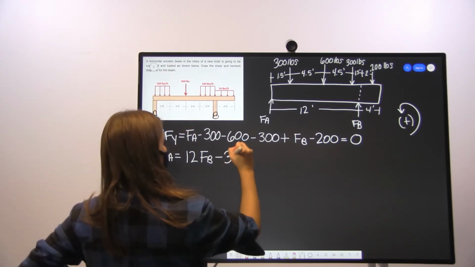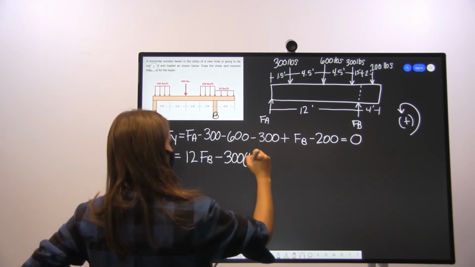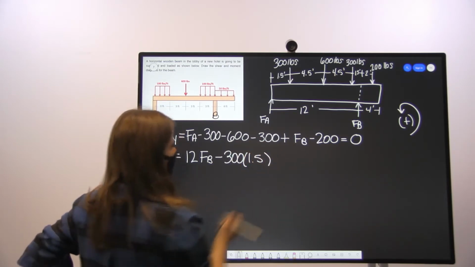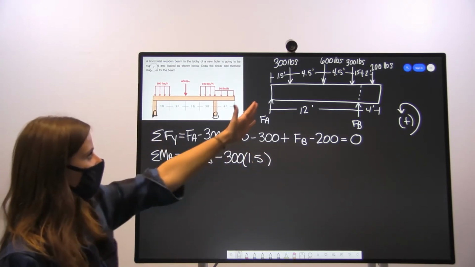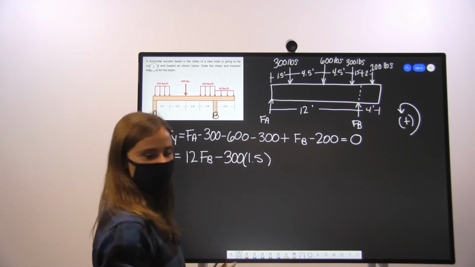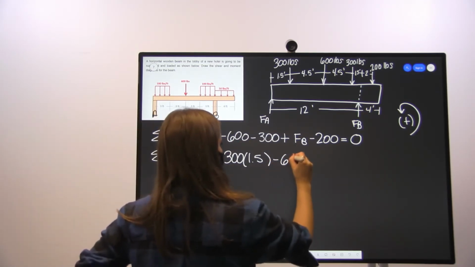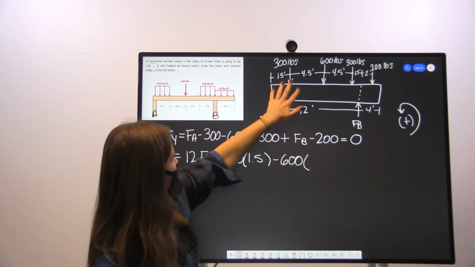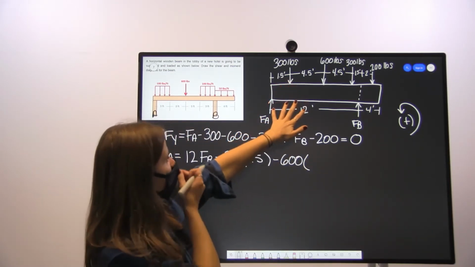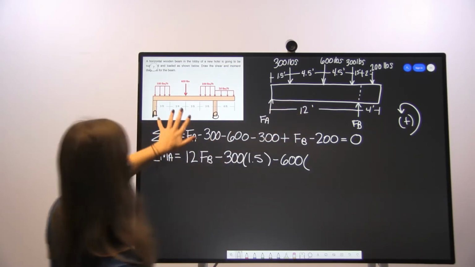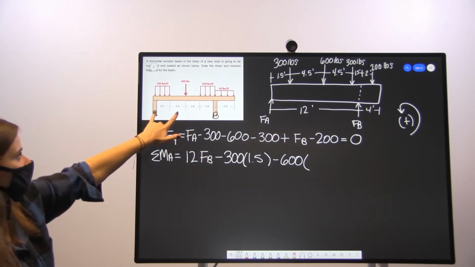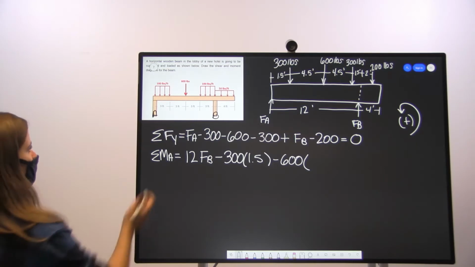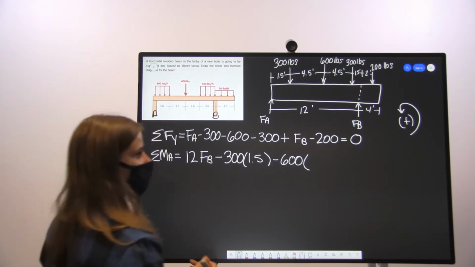So 300 times 1.5. Then we're going to have our 600 pounds. 600 times, and the 600 is a total of 6 feet away from point A. We can see that using this, it makes it really clear. It's going to be 3 plus 3, 6.